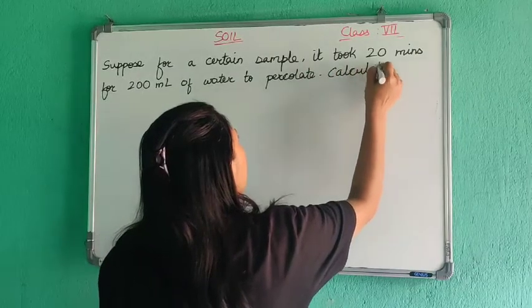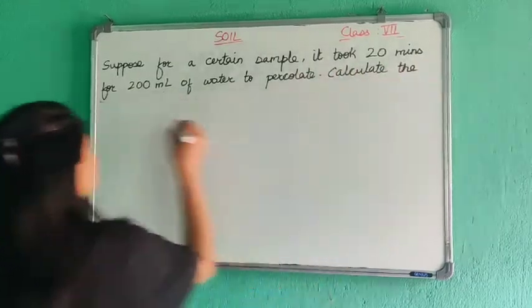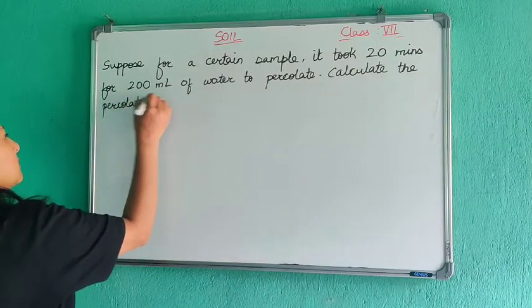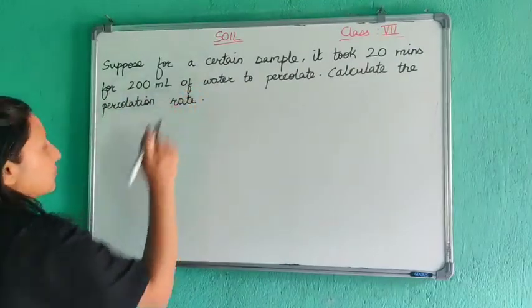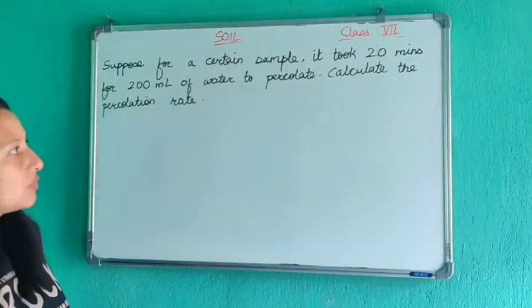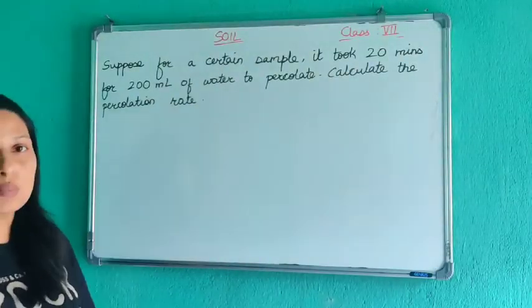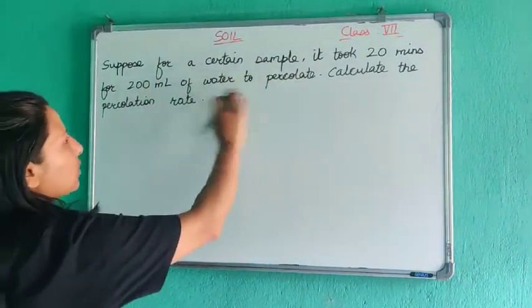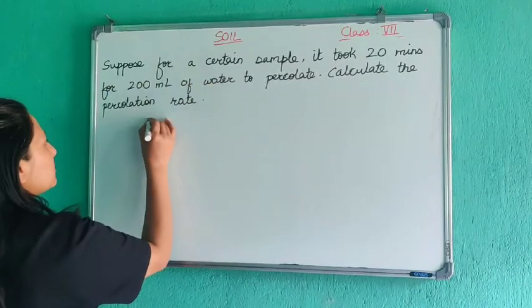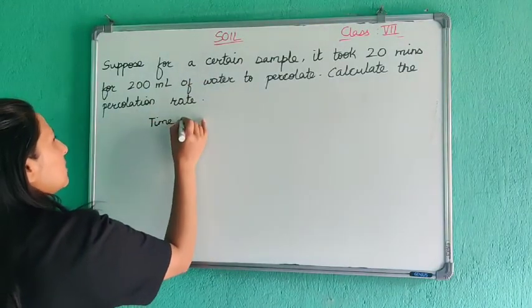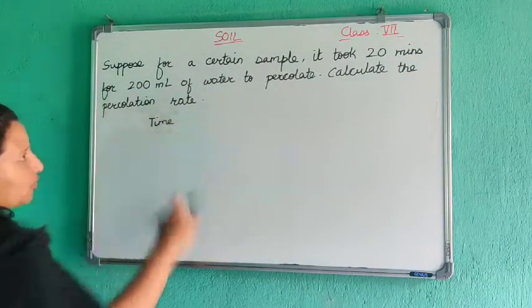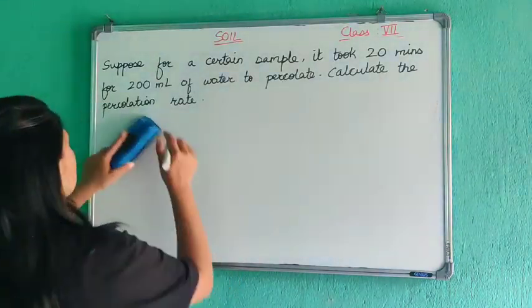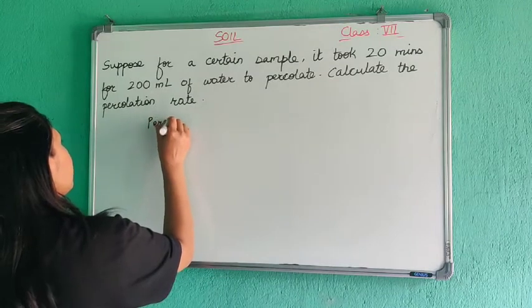So we have to solve this question. What we need to find out is the percolation rate. First, we have to write down what is given in the question. So time is given, that is percolation time.